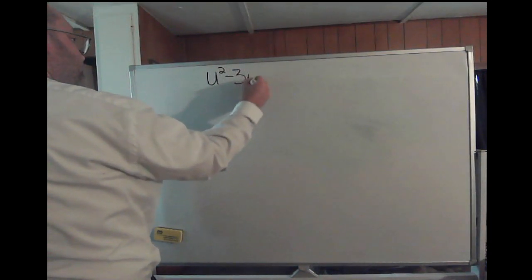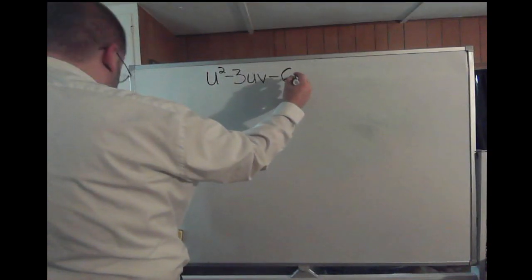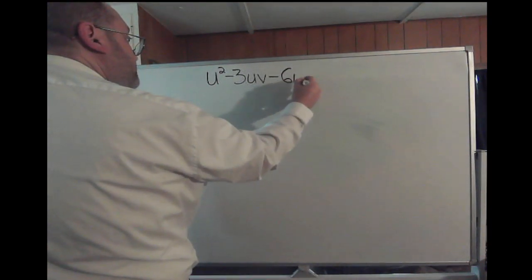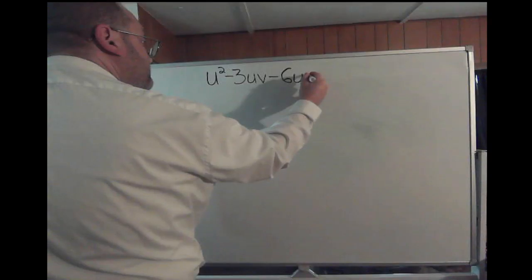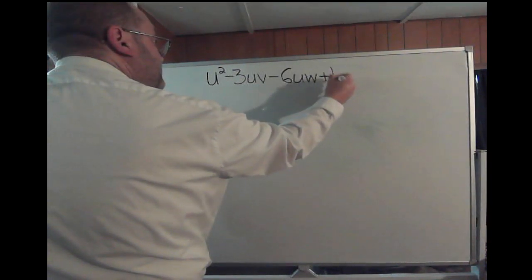Alright, let's see. U squared minus 3uv minus 6uw plus 18vw.